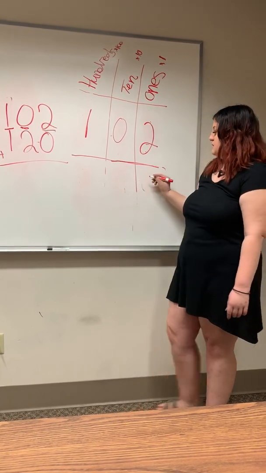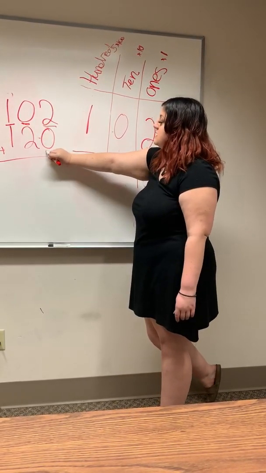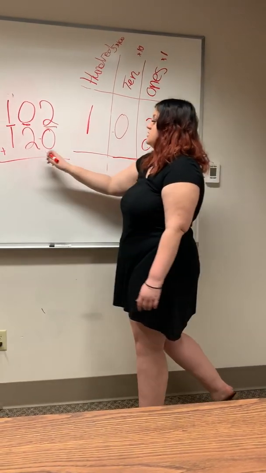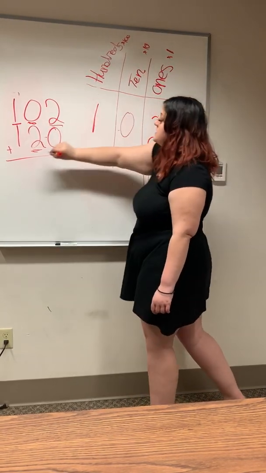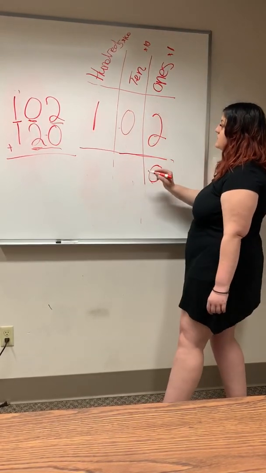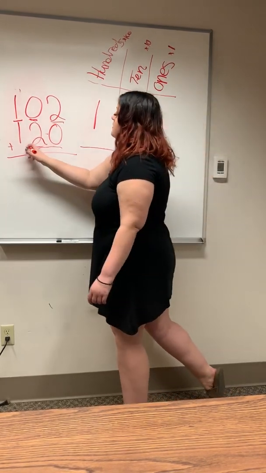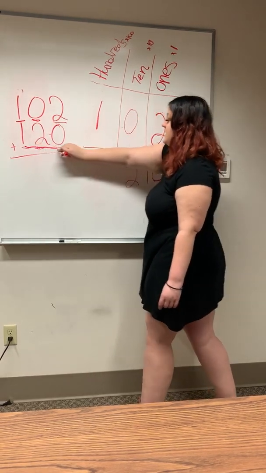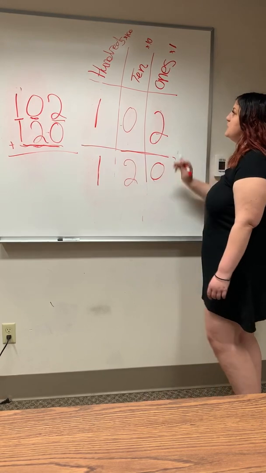Okay, what about this next number? Well, it's 120, so we know the 0 will be used in the ones. The 2 now, if we times it by 10, we'd get 20, so we know it goes in the tens. And then the 1, if we times it by 100, would equal 100, so we put it in the hundreds. So let's add this up.